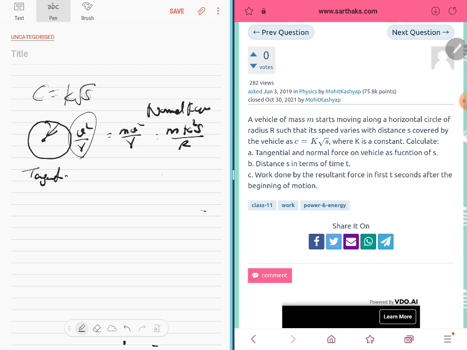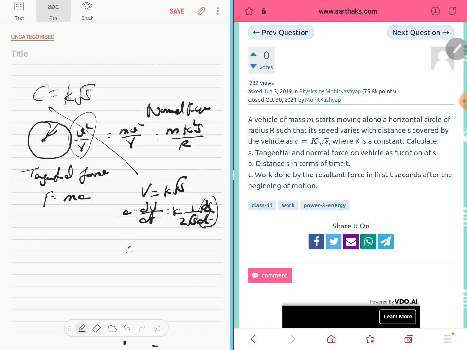The tangential force is nothing but F is equal to m into a, and when you know the velocity is k into root s, you can find the acceleration, which is dv by dt, which is k into 1 by 2 root s into ds by dt. ds by dt is nothing but the velocity, so substituting k by 2 root s into velocity k into root s, the root s gets cancelled, giving k square by 2, and therefore the tangential force will be m into k square by 2.